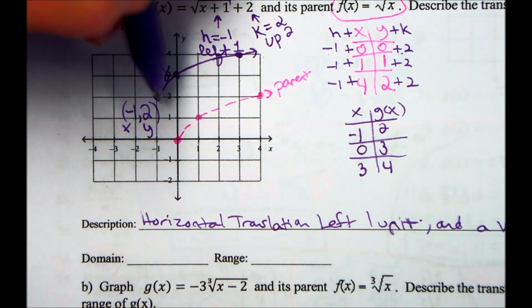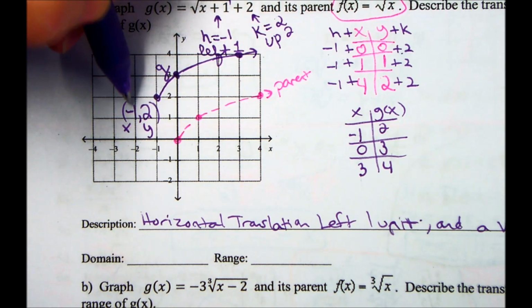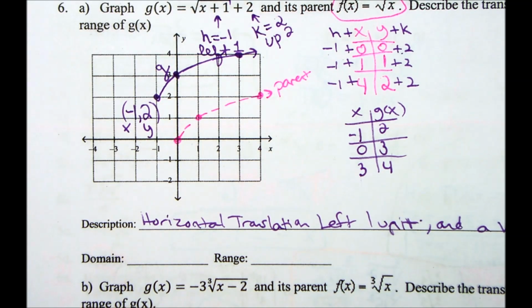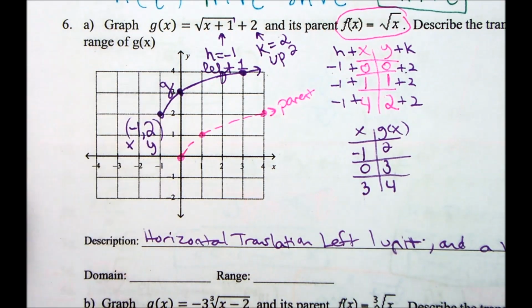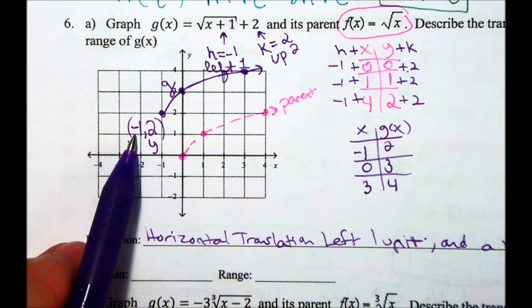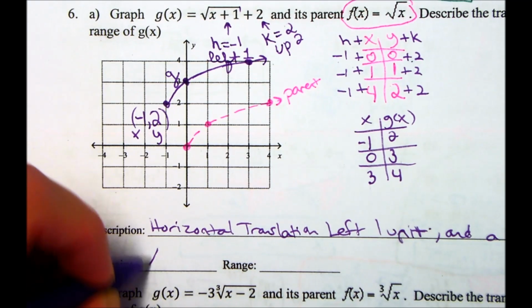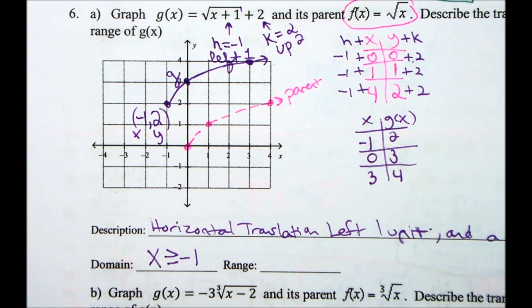So you can substitute values for x that are anything to the right of -1, including -1, but not anything to the left of -1, because that would make us get a negative number under the radical, or under the square root, which then would be imaginary or undefined. So your domain is going to include -1, and it's going to be everything to the right of -1. So we're just going to simply say x has to be greater than or equal to -1.